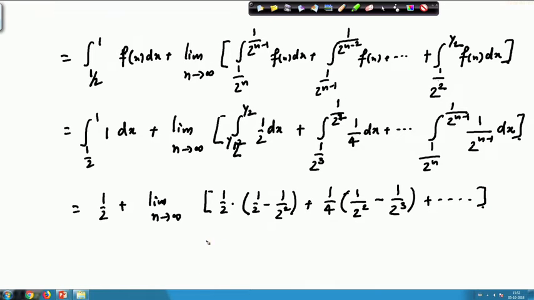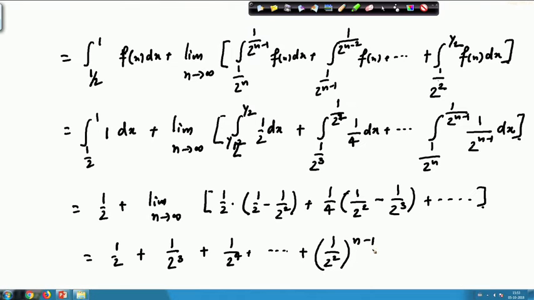If we calculate this whole thing, after simplification we end up with 1 by 2 plus 1 by 2 to the power 3 plus 1 by 2 to the power 4 plus dot dot and so on.